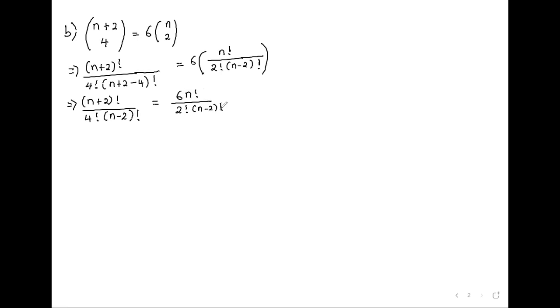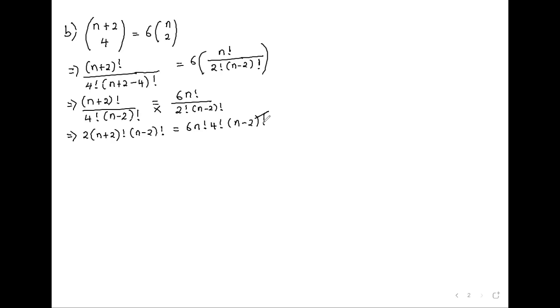But these are equations, so cross multiply. We'll have 2 factorial, which is just 2, times n plus 2 factorial, n minus 2 factorial is equal to 6 n factorial multiplied by 4 factorial and n minus 2 factorial. So here we're just cross multiplying.